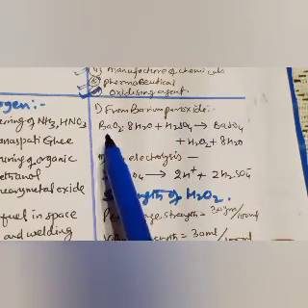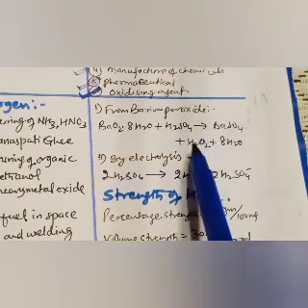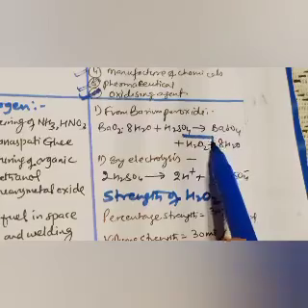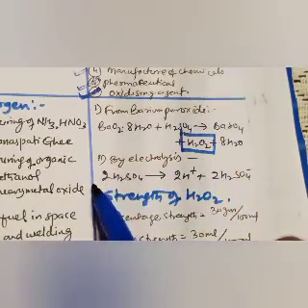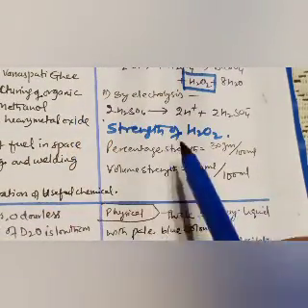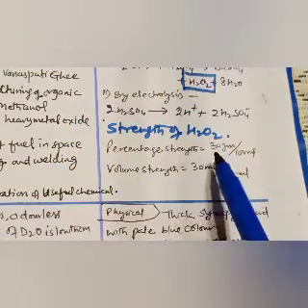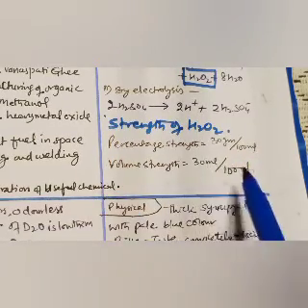When barium peroxide reacts with sulfuric acid, barium sulfate and H2O2 are given. So we prepare H2O2 this way, and by electrolysis also we can prepare this. Whenever we talk about strength, percentage strength is given in gram per ml, and volume strength is given in ml per ml.